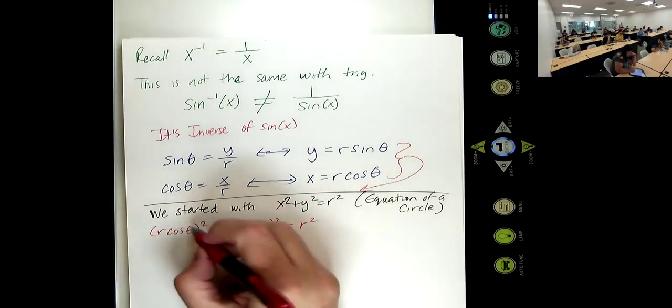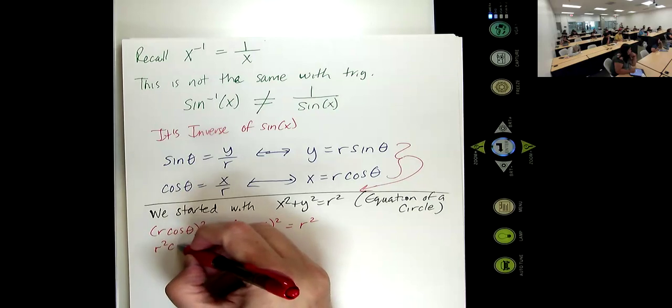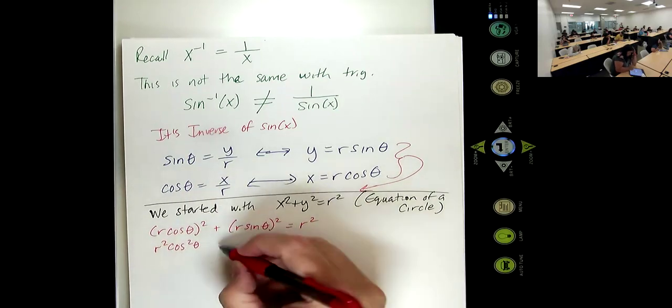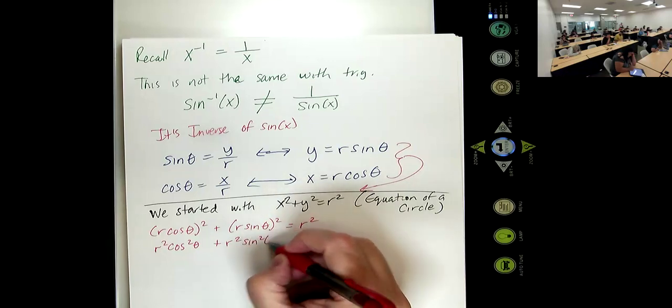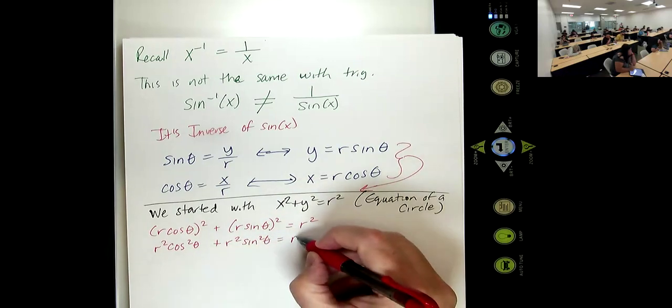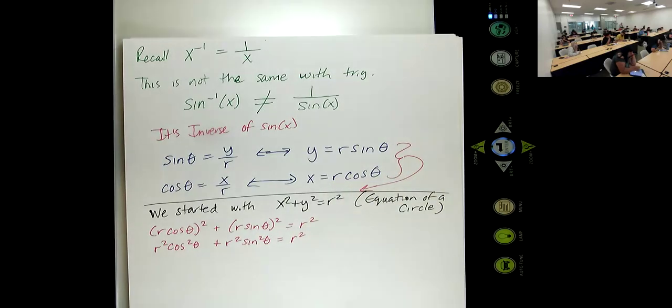So the square on this means both of these get squared. And unfortunately, this is why I had to point out that sine to the -1 doesn't equal a -1 power. This is how we write cosine squared.